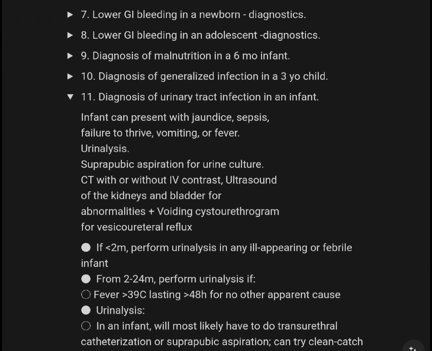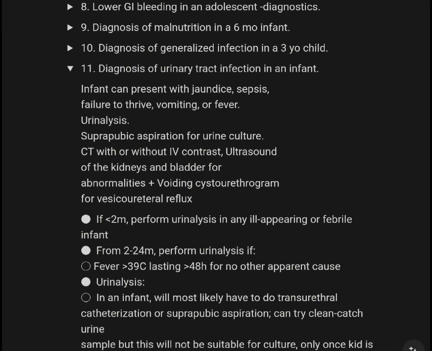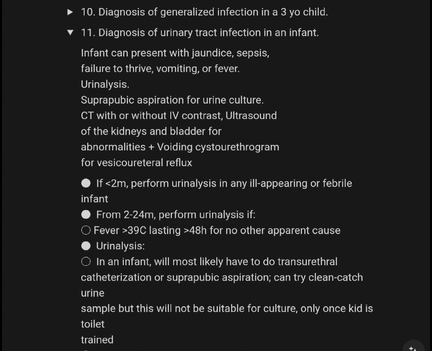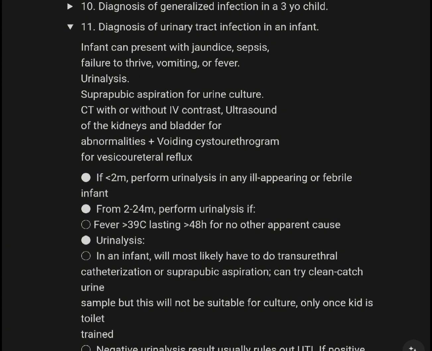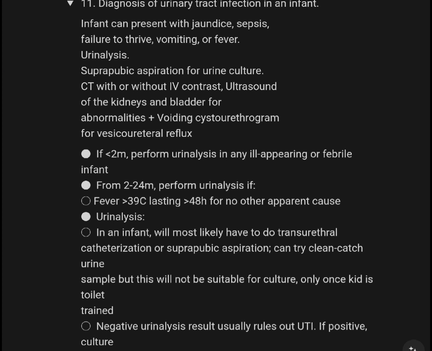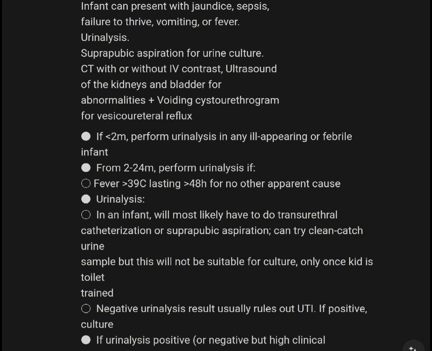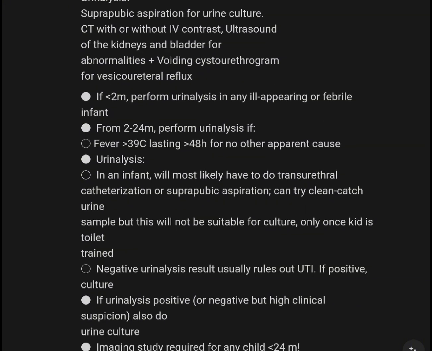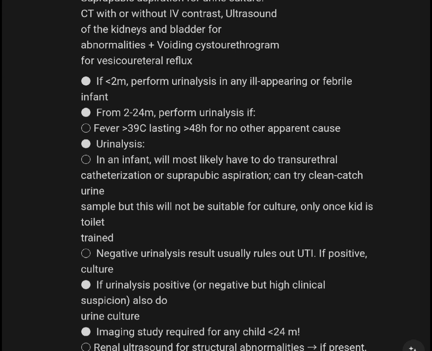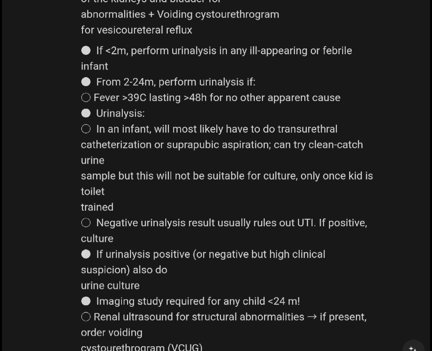Diagnosis of urinary tract infection in infants. Infants can present with jaundice, sepsis, failure to thrive, vomiting, or fever. Workup includes urinalysis, suprapubic aspiration for urine culture, CT with or without IV contrast, ultrasound of kidney and bladder for abnormalities, and voiding cystourethrogram for vesicoureteral reflux. If under 2 months, perform urinalysis in an ill-appearing or febrile infant.